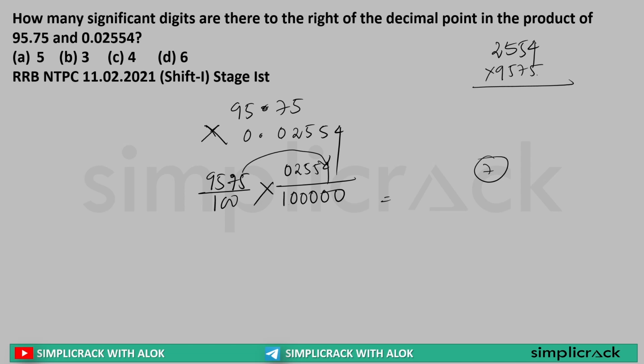What is happening here? 5 fours are 20, 0 and 2 carried. 5 fives are 25 plus 2, 27, 7 and 2 carried. 5 fives are 25 plus 2, 27, 7 and 2 carried. 5 twos are 10 plus 2, 12. Now 7 fours are 28, 2 carried. 7 fives are 35 plus 2, 37, and so on.